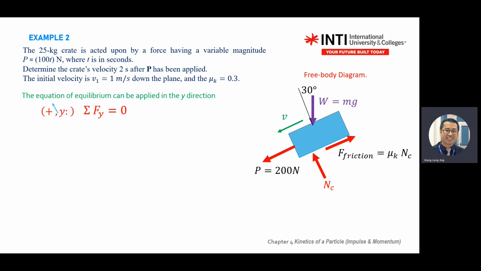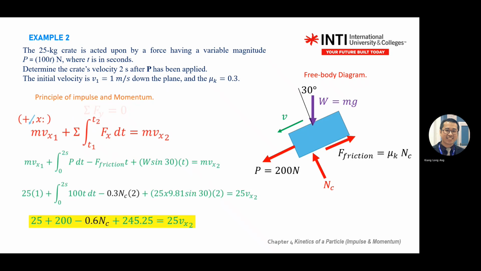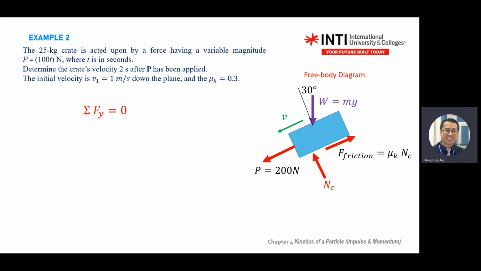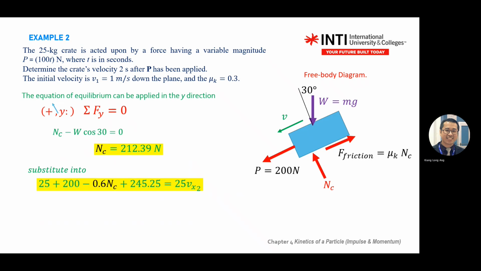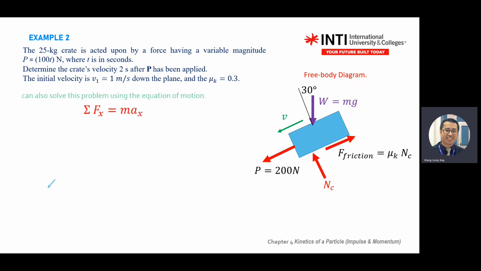You can also repeat the same with this equation in the y direction, no problem, but because of equilibrium, I just use the statics solution. Then you can find the V2. Sorry, wrong notation. It should be Y2, not X2. Sorry, this one is correct, this X2 is correct. Substitute back to the x direction.